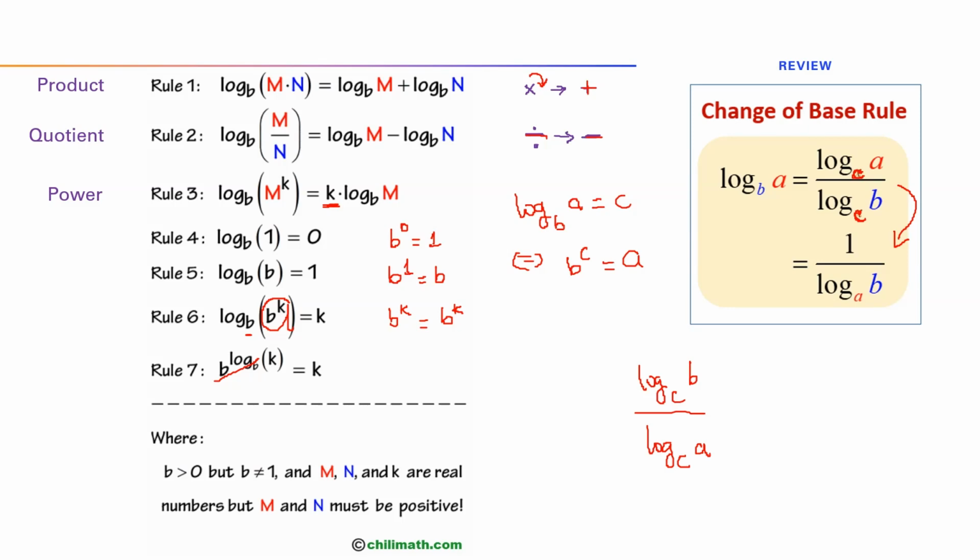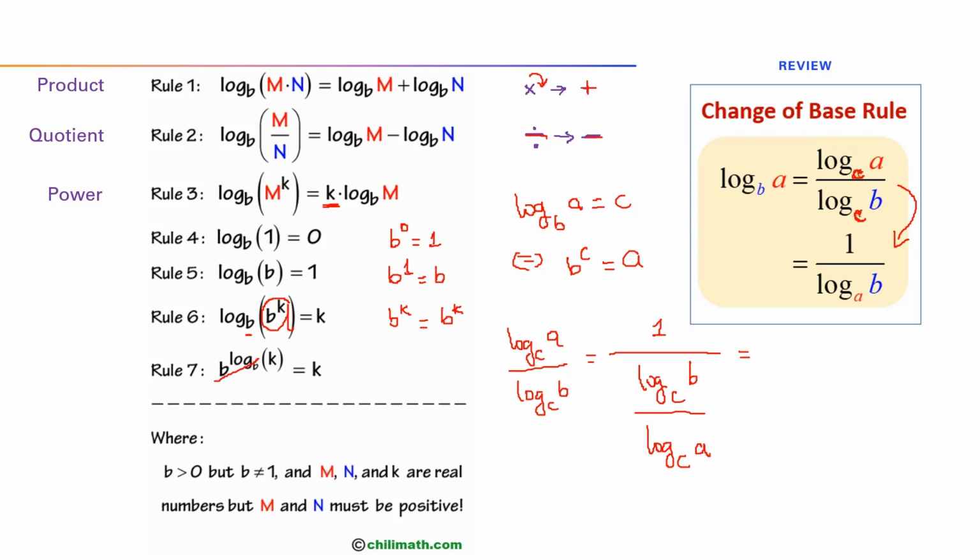And if you flip it, you have log base c of a over log base c of b. Because 1 divided by the fraction is 1 multiplied by the reciprocal, and the reciprocal of log base c of b over log base c of a will be log base c of a over log base c of b.